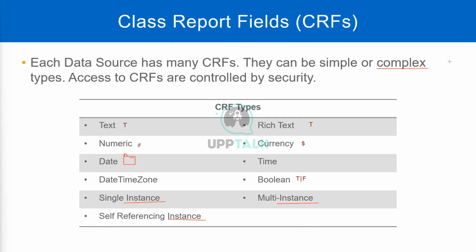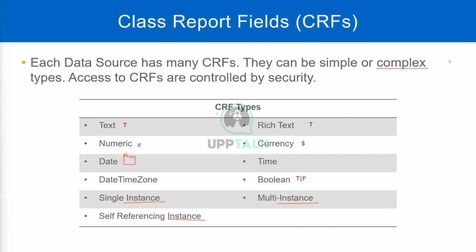Now what is an example of a multi-instance field? Think about the dependents of a worker. Is that single instance or multi-instance? Multi-instance, right, because the worker may not have any dependents, may have one dependent, or may have more than one dependent: spouse and children and parents and so on.